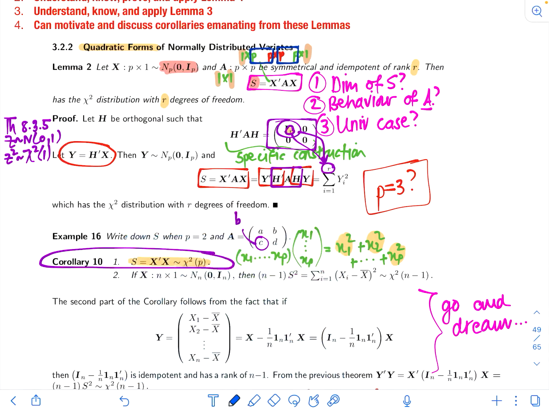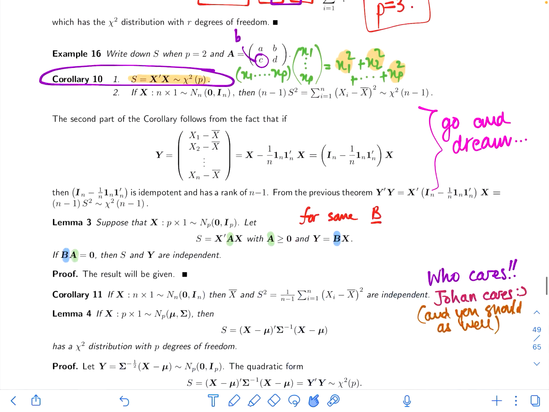Corollary number 10, we've looked at now. We know why that chi-square will be up to p. We've investigated that. For corollary 10.2, I'm going to give that over to you to go and dream a little bit about. In short, we basically have some n by 1 vector.